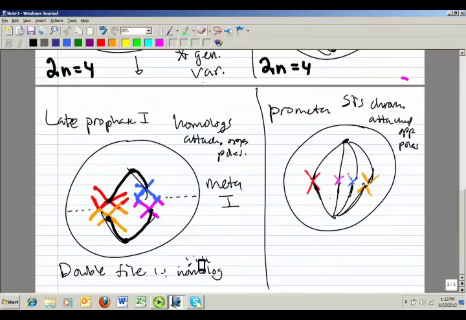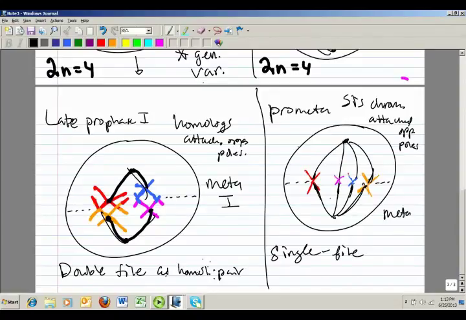Or we could say as a homologous pair. It's probably a little more technical. Here we line up single file. Homologous pair or homologs are there, but they just don't pay attention. So now we're in metaphase. Okay.